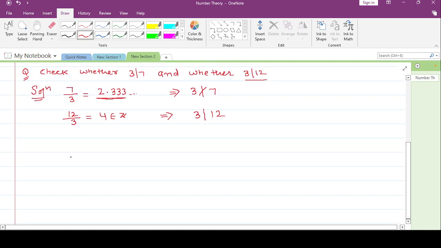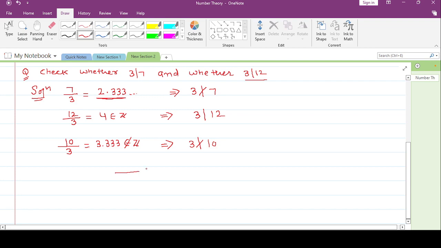We want to check whether 10 is divisible by 3 or not. When we divide 10 by 3, we get 3.333, which is not an integer. So it implies that 3 does not divide 10.